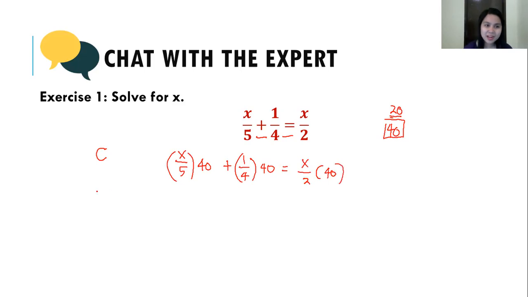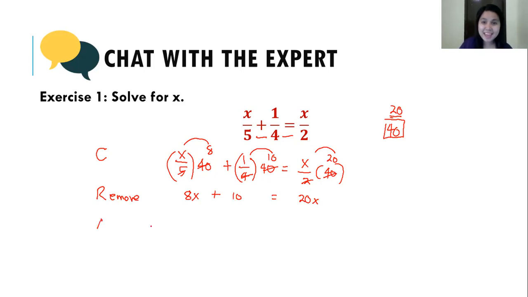Next, R, remove. Remove all the grouping symbols. So let's simplify. 5 and 40, that's left with 8. 8 times x, 8x. Next, 4 and 40, we have 10 times 1, plus 10 equals 2 and 40, we divide it, we have 20 times x, we have 20x.